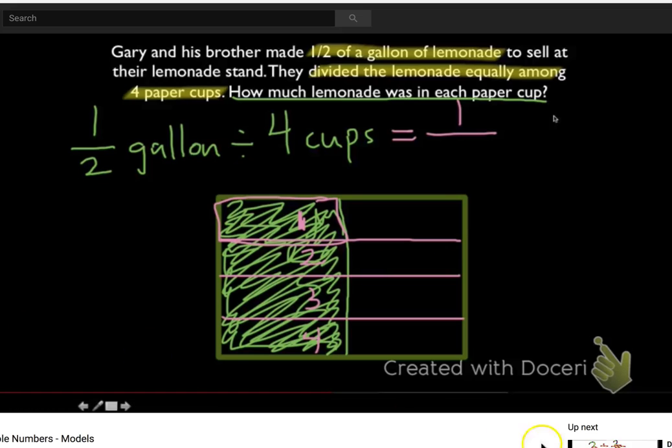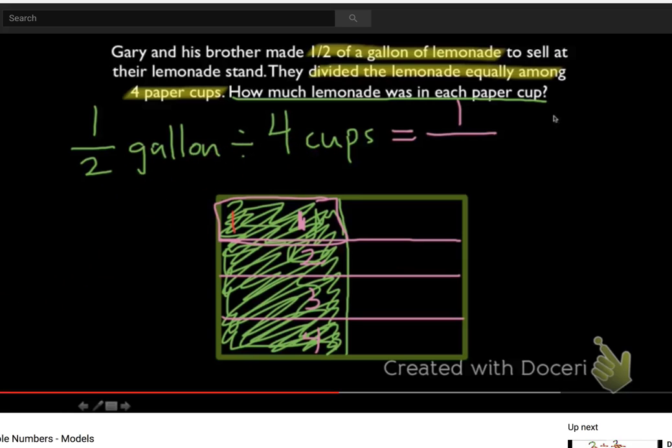We have 1. Let's show that in red. So this number here, this 1, his numerator represents how much is in 1 cup. So that's how much is in 1 single cup. And his total parts here, which is 8, represents how much of a gallon is in each cup. So 1 cup over total parts. Okay, over total parts. So it's very, very important that you have a 1 whole to start with whenever you are dividing a fraction by a whole number.